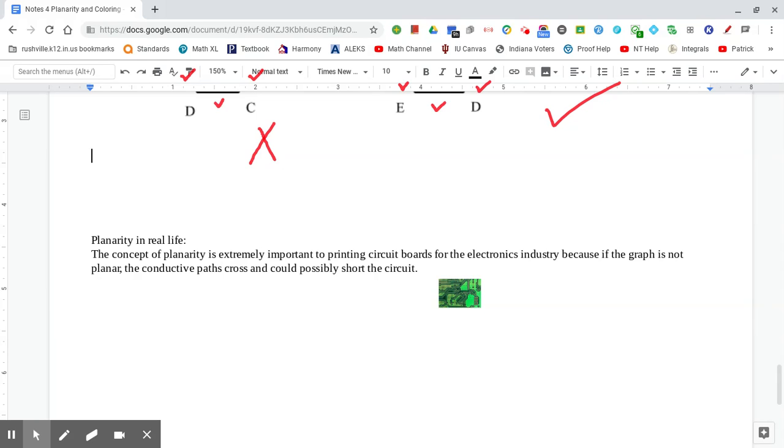You might be able to get some electricity running through it with some wires crossed, but that's never good because it is possible that you could have the circuit short out. So planarity in real life, not sure about how much we can apply the other parts to real life, but planarity in the electronics industry is an important one.